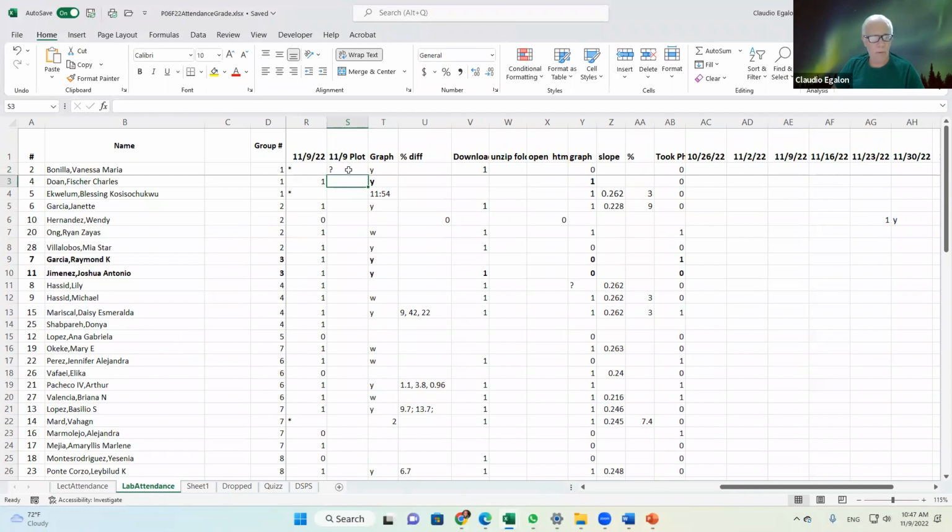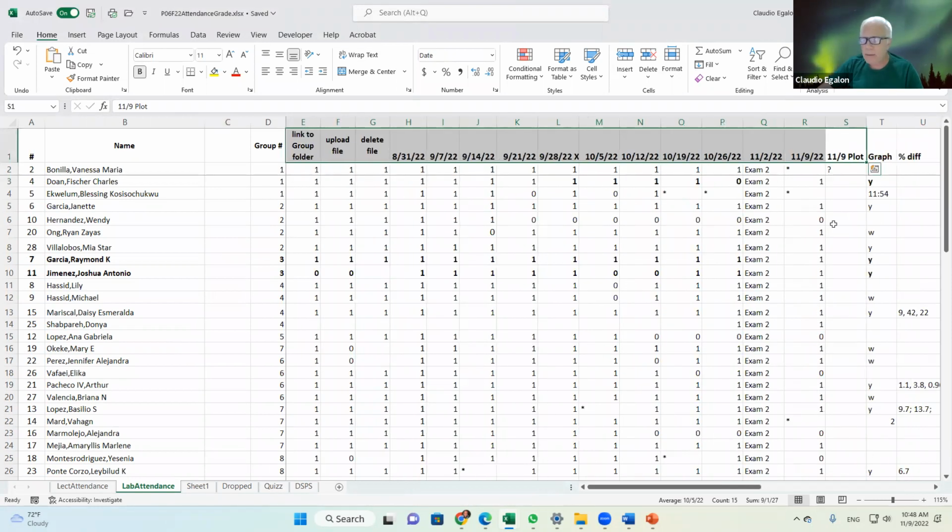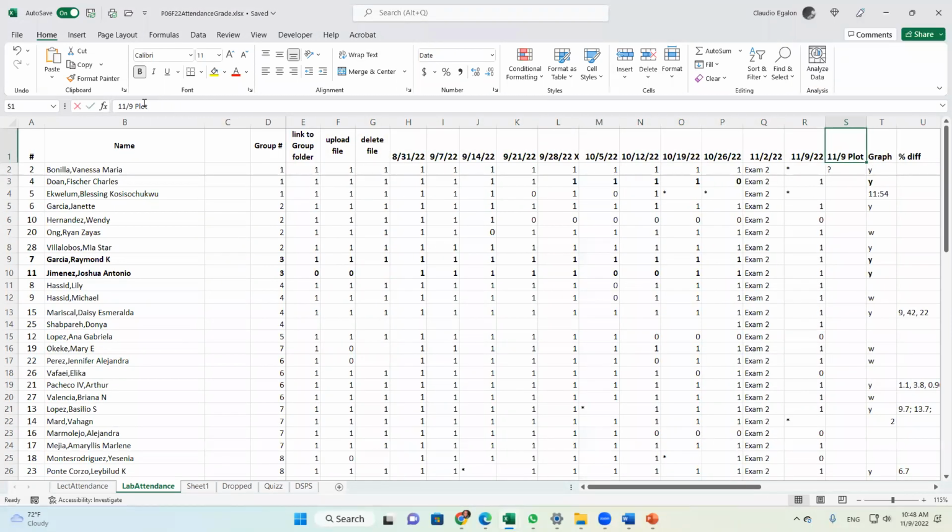So I want to know if you download the spreadsheet. Fisher, did you download the spreadsheet, Fisher? No, sir, still working on it. First, I want to know if you download the spreadsheet. Oh, I've been able to download it, yes. Oh, you have been. Okay, good.